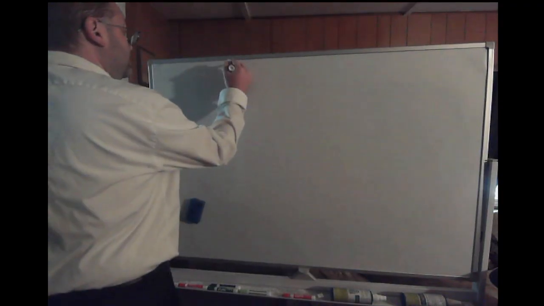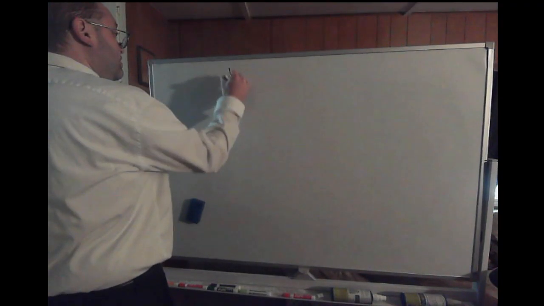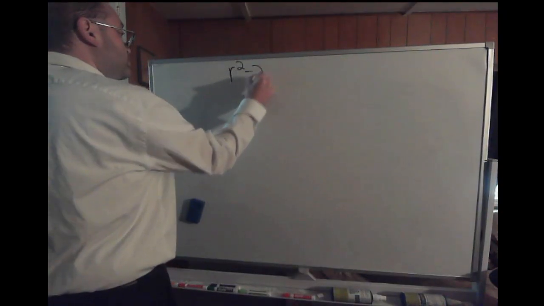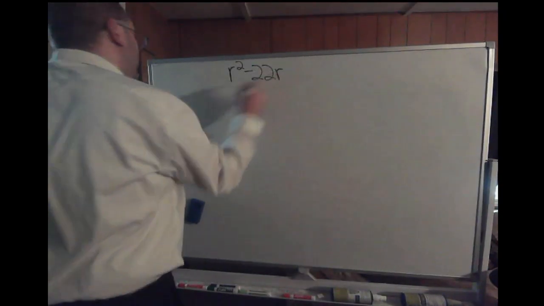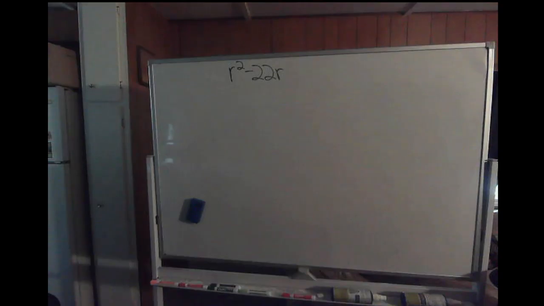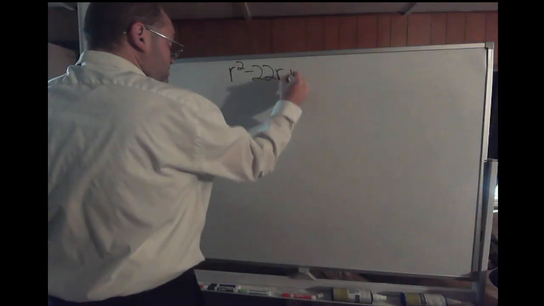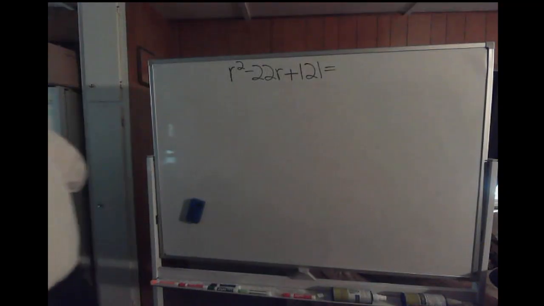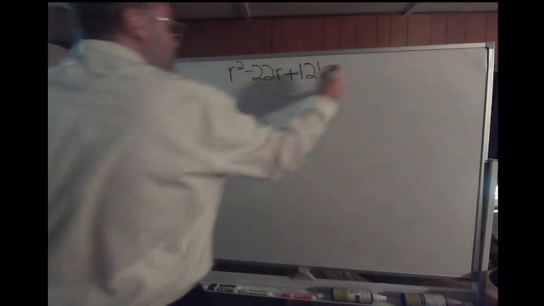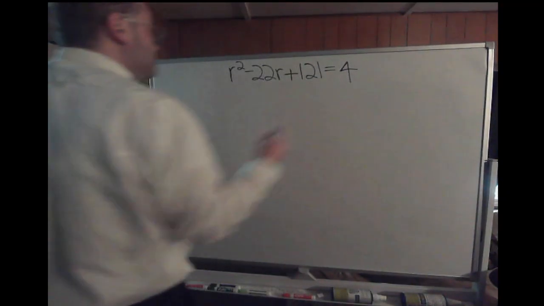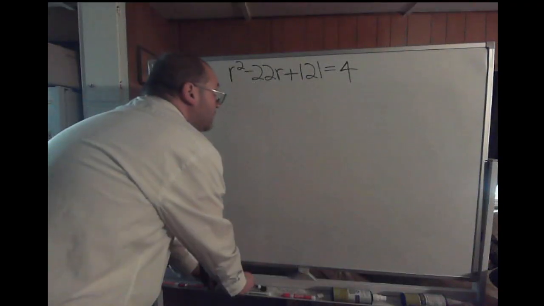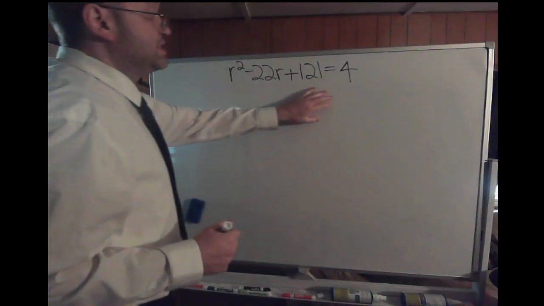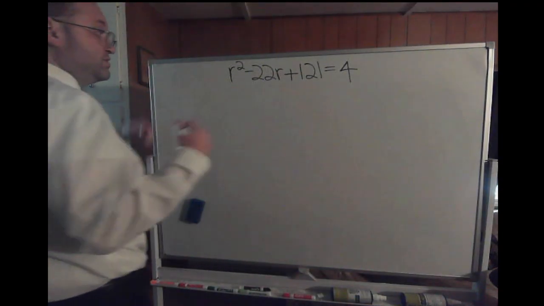All right, let's see. We have r squared minus 22r plus 121 is equal to 4. So we've been given r squared minus 22r plus 121 equals 4.